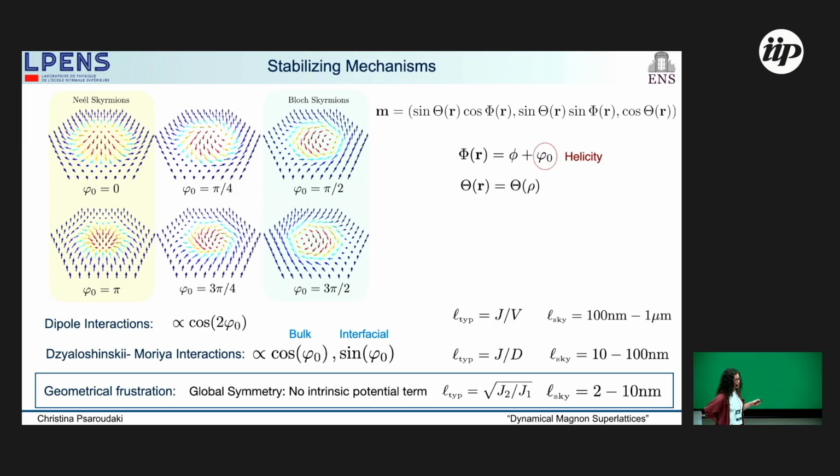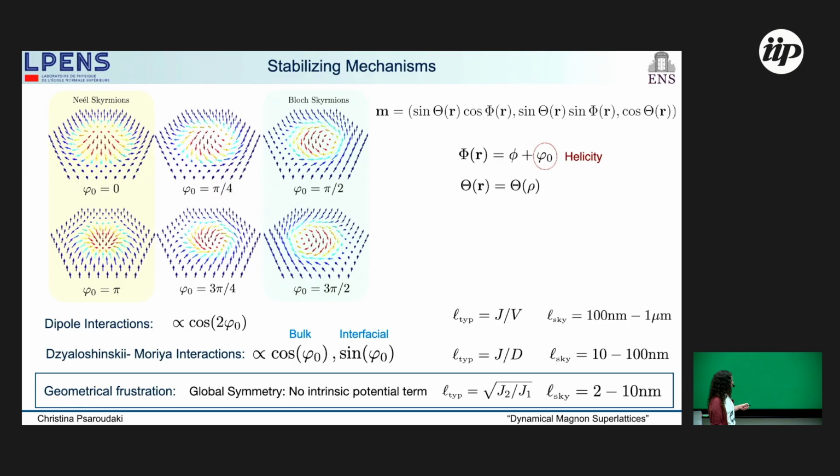Why helicity is important is a central topic of this talk. But if we stabilize skyrmions using dipole interactions, that will give rise to a cosine of 2 phi naught potential. So the helicity is fixed by dipole interactions, and the resulting skyrmions are relatively large. From 100 nanometers to 1 micron would be a typical length scale for a skyrmion.